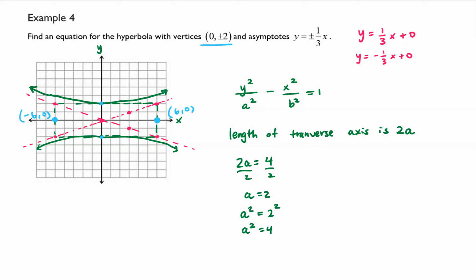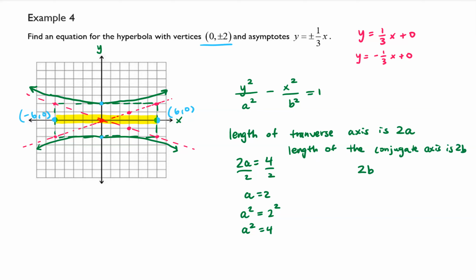Similarly, if I look at the distance between our co-vertices, the length of the conjugate axis is 2b.